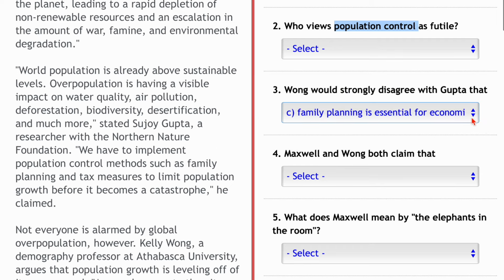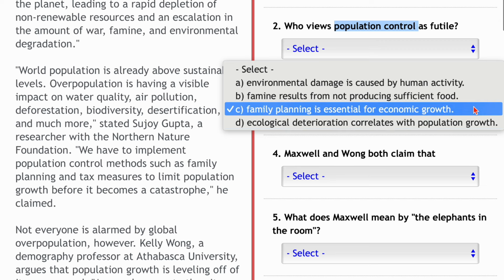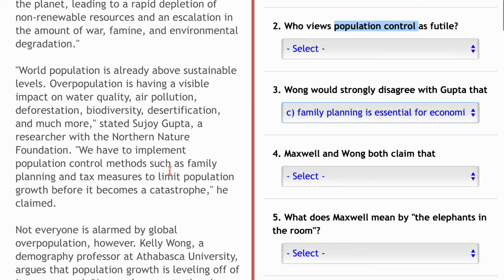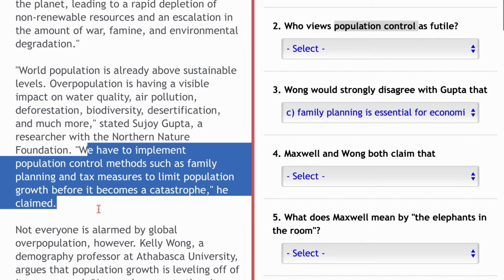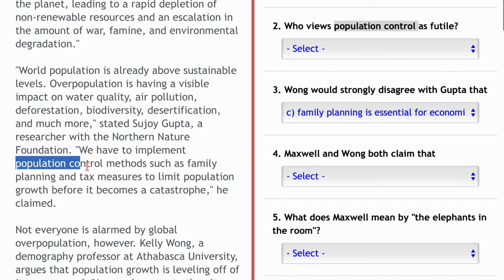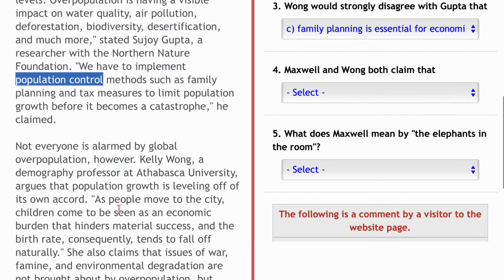Family planning is essential for economic growth. Now, Gupta talked about family planning, but he didn't talk about it in relation to economic growth. He talked about it in relation to population control. And Wong talked about it in terms of economic growth, but Wong didn't mention family planning.